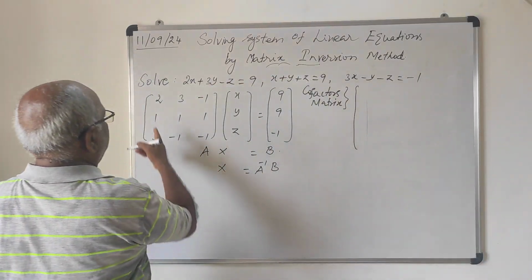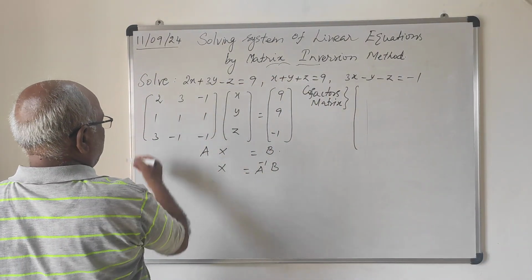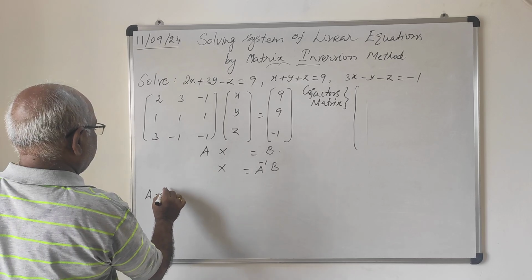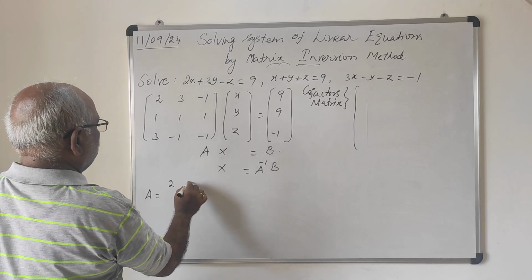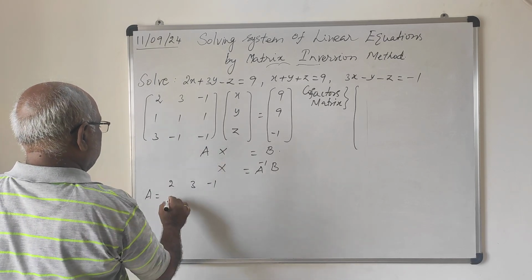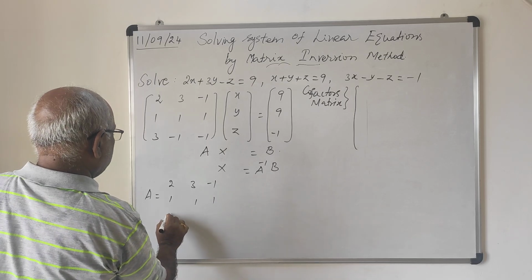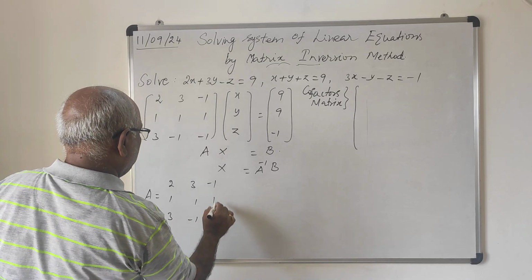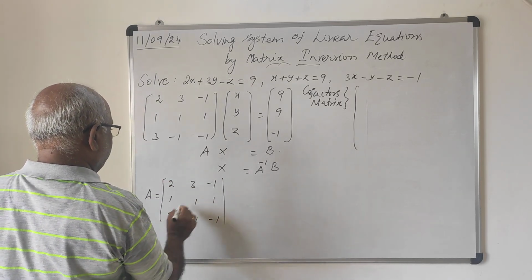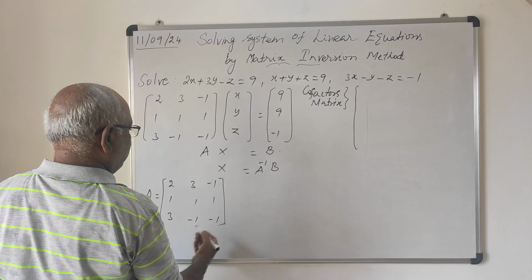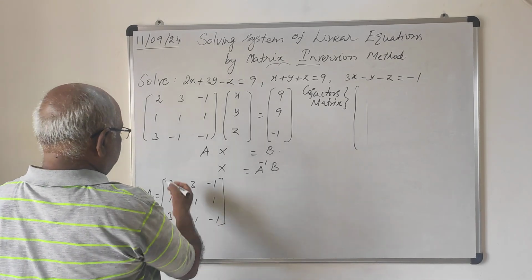Considering the matrix A, what is A? A is 2, 3, -1, 1, 1, 1, 3, -1, -1. So what is the determinant of A?